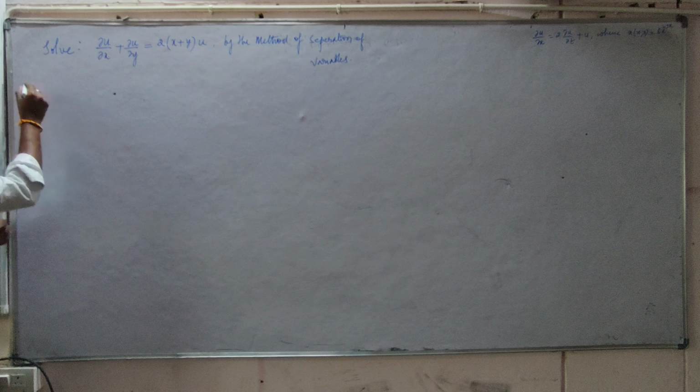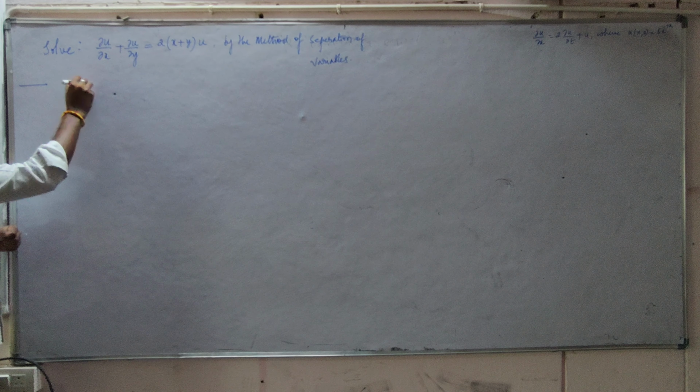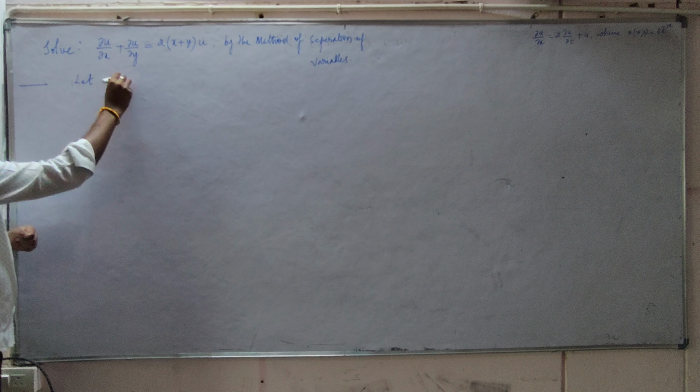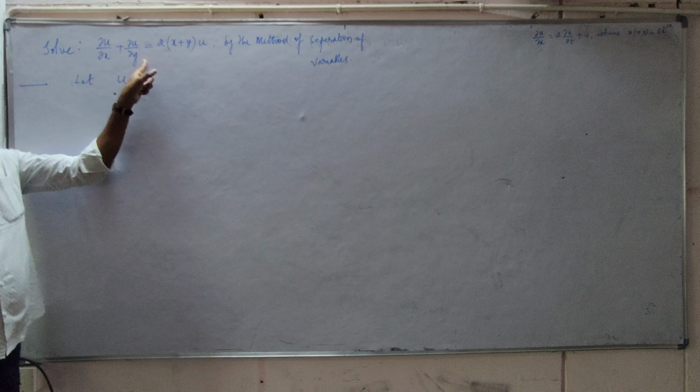In this example, here u is the dependent variable, x and y are the independent variables.